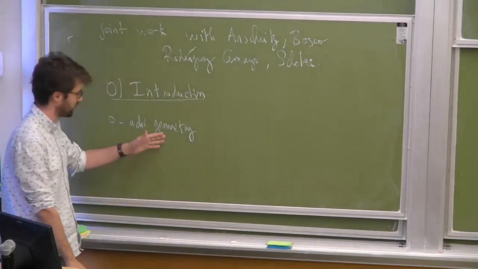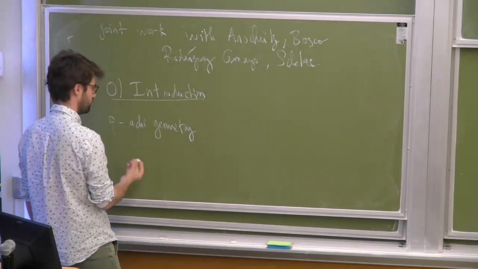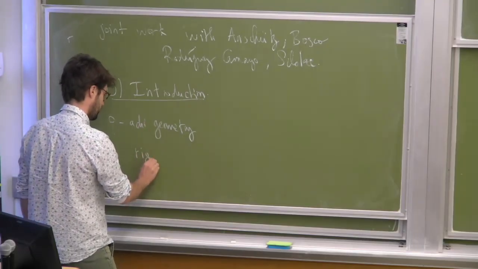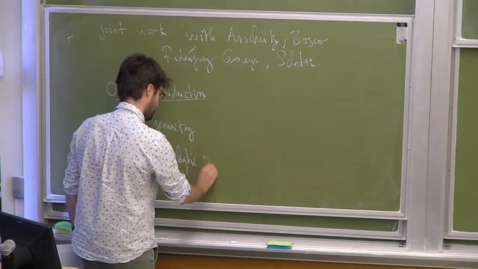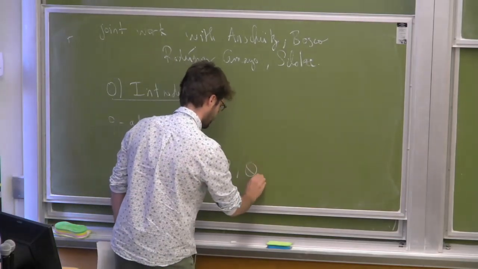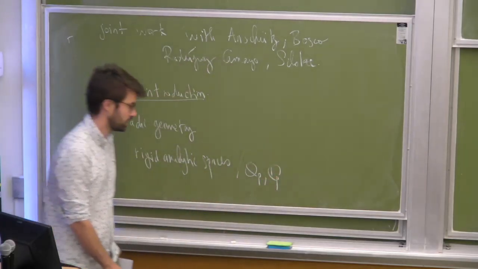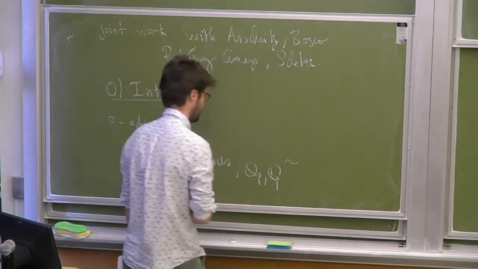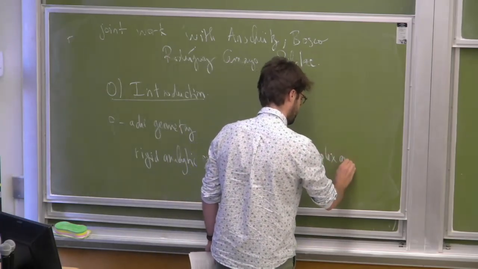While in p-adic geometry, maybe the geometric objects you primarily care about are rigid analytic spaces as defined by Tate, over some p-adic field like Q_p, for example, or C_p. These objects are analogous to complex analytic spaces.